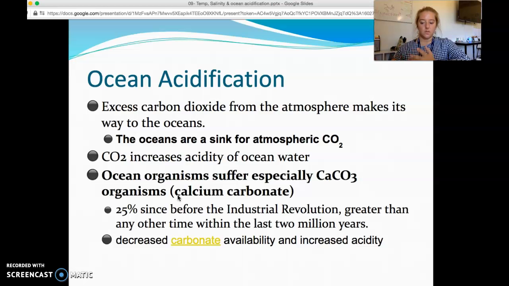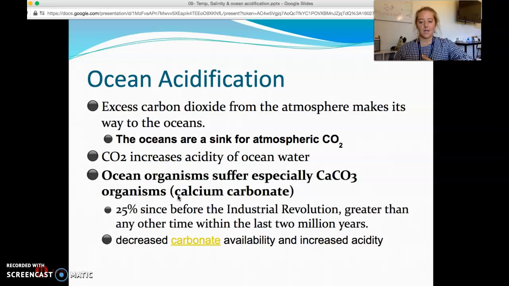So here's ocean acidification. We will probably get through all the writing today with this, but I'm going to explain it some more in our lecture tomorrow. Ocean acidification is when an excess of carbon dioxide from the atmosphere makes its way into the oceans. We talked about that. The ocean is what we call a sink for atmospheric carbon dioxide. Now, think about your kitchen sink. It holds things, right?